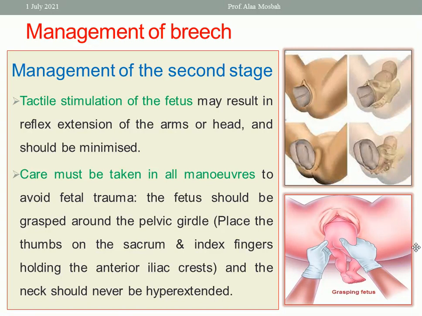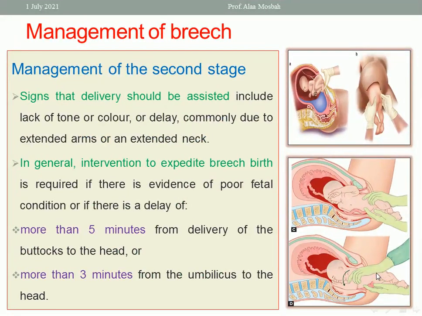And also, always keep the back anterior. The back of the fetus should be upward or anterior all the time during the delivery. Signs that delivery should be assisted include lack of tone or color or delay, commonly due to extended arms or an extended neck.